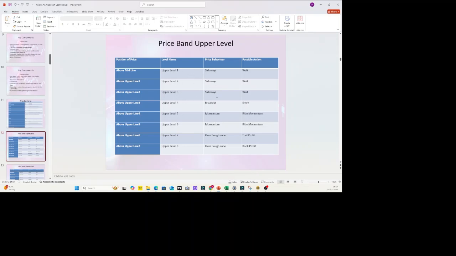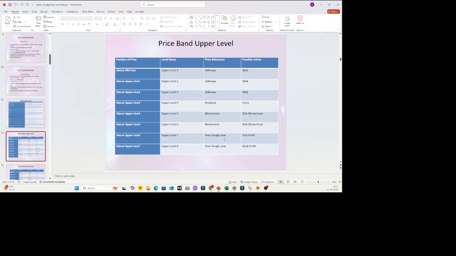Level 3 is sideways. Level 4 is where the magic starts. We say that the price is at the breakout stage where we can enter the trade safely. Then we have 5, where we enjoy the ride, the momentum. Again, level 6, enjoy the ride.